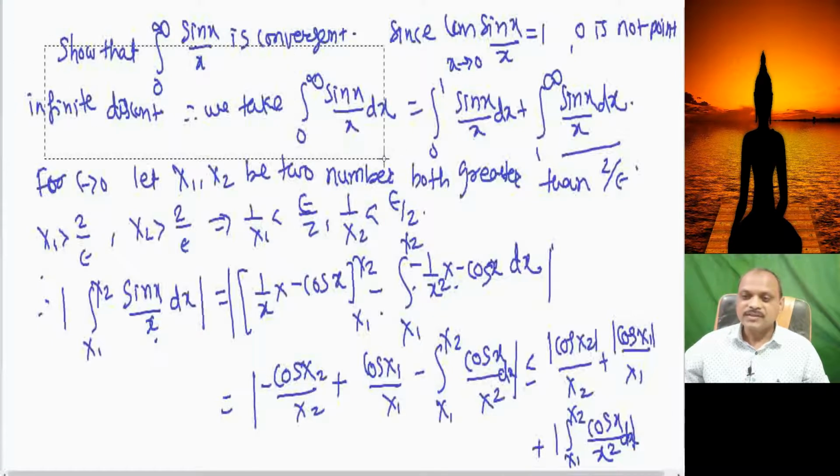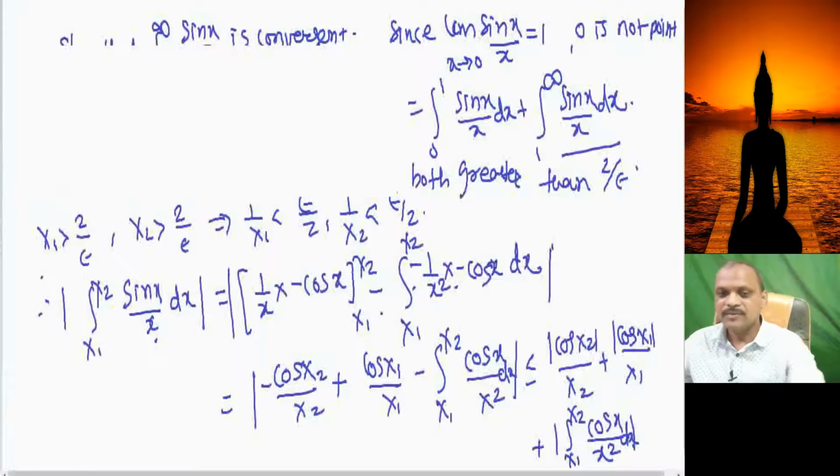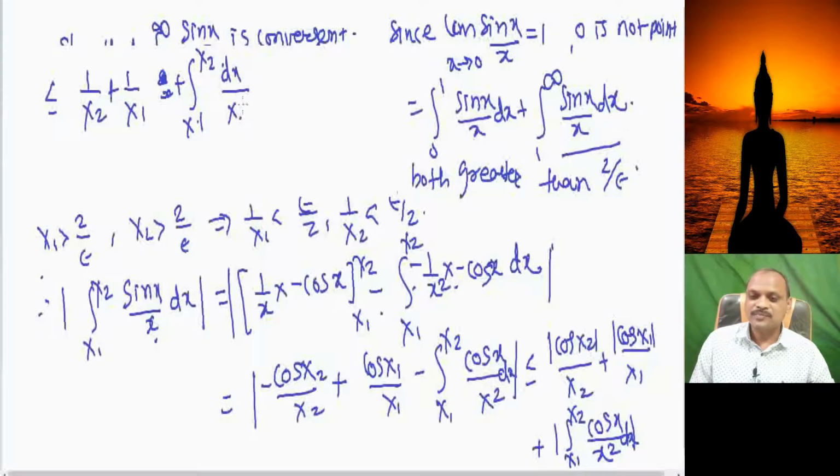See the first term: the maximum value of cos is 1, therefore this is less than or equal to 1 divided by x2 plus 1 divided by x1, and also cos x divided by x square is bounded by 1 divided by x square, so we have the integration x1 to x2 of dx divided by x square.